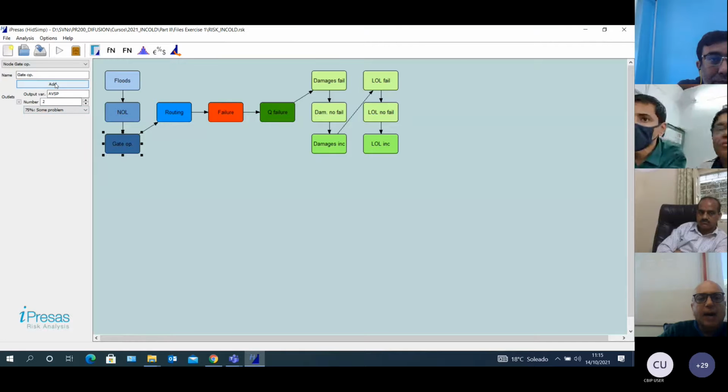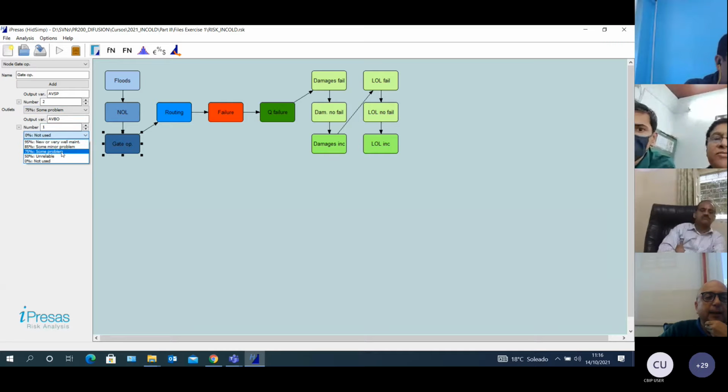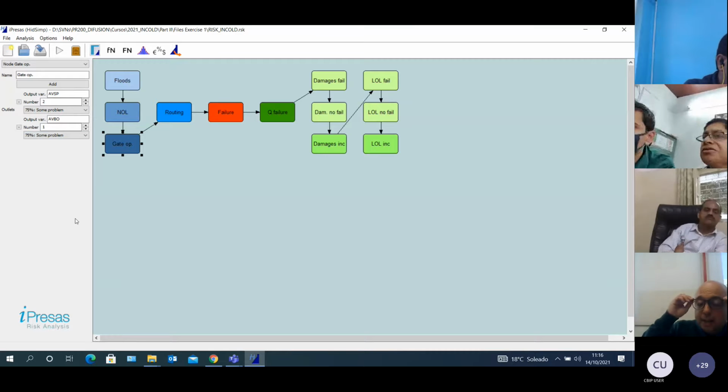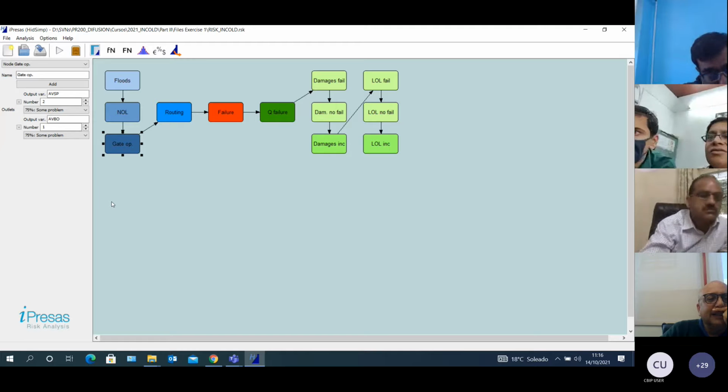Well, now I need to add the bottom outlet. Add. What is the name of the variable? ABBO. How many gates or valves? 1. What is the individual reliability? 75%. I'm going to stop here 30 seconds or 1 minute. I want you to check all this part of my screen and make sure you have exactly the same.